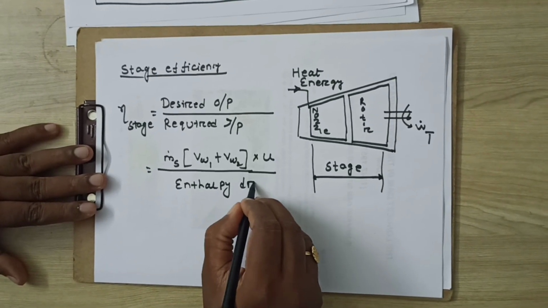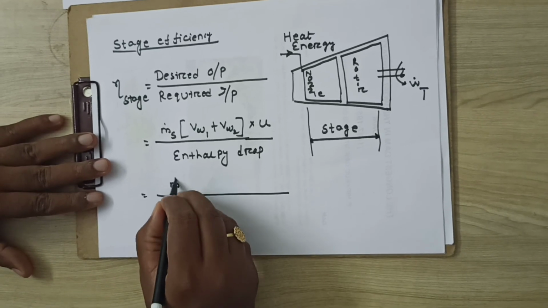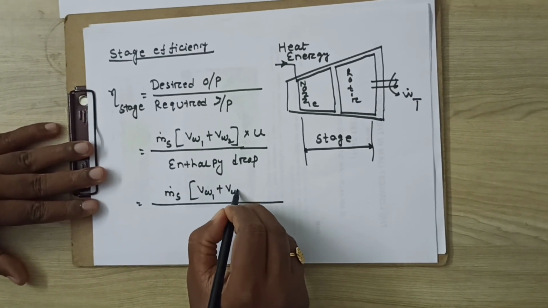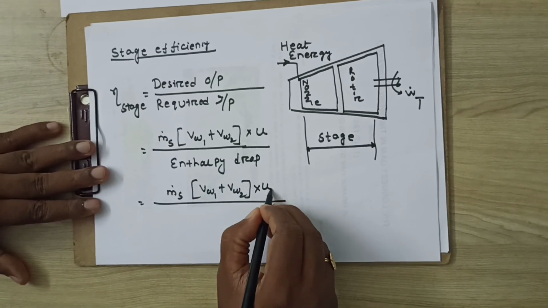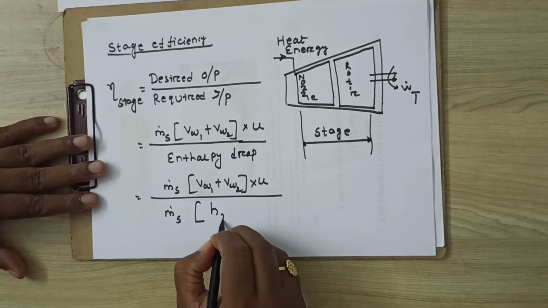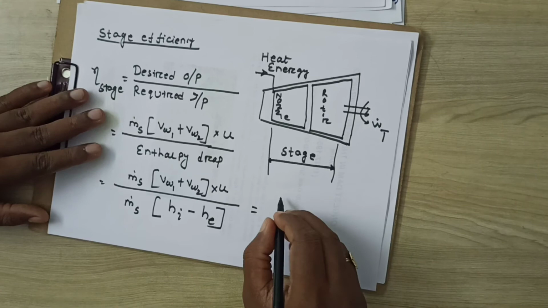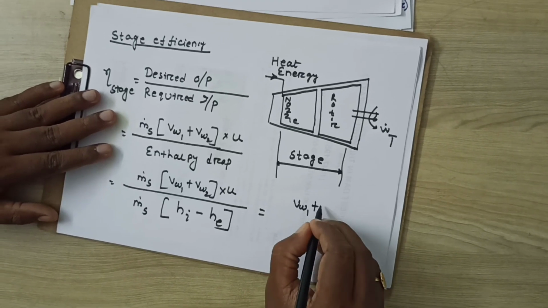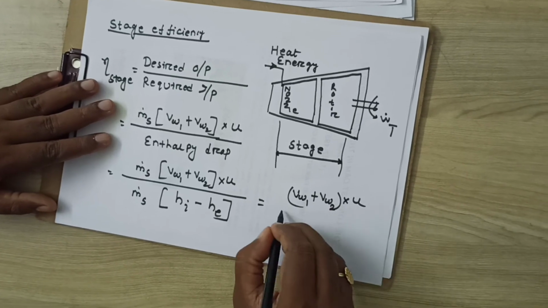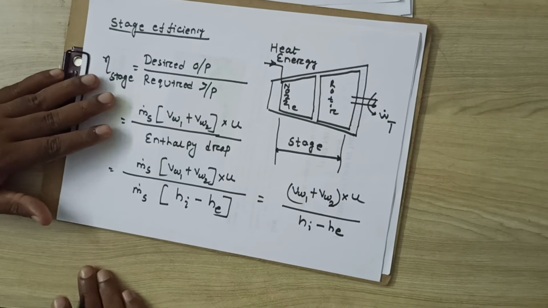So this is okay. In terms of mathematical notation, I can write m dot s VW1 plus VW2 into U, and here this is m dot s whole into Hi minus He, or this will be VW1 plus VW2 into U divided by Hi minus He.